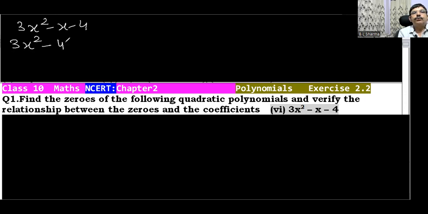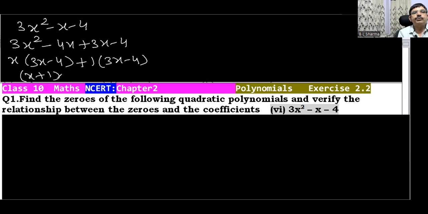That is 3x square minus 4x plus 3x minus 4, x common, 3x minus 4 plus 1 common, 3x minus 4. So the two factors are x plus 1 and 3x minus 4. To get 0, put each factor equal to 0.